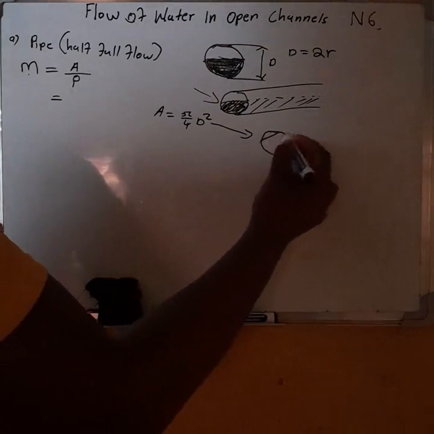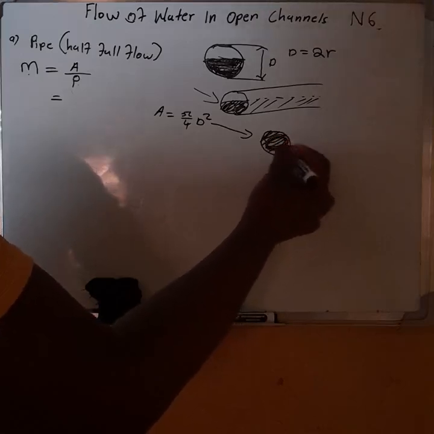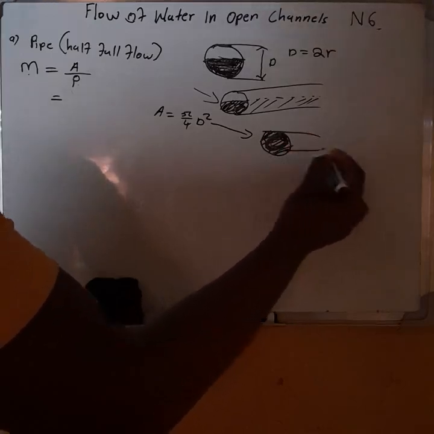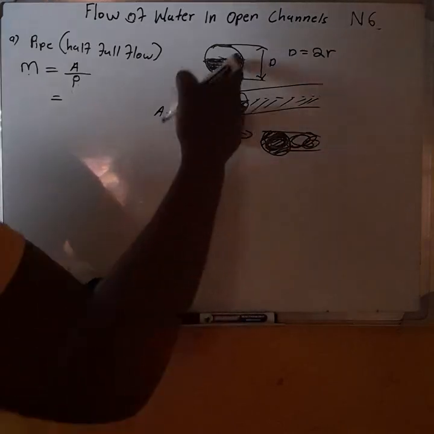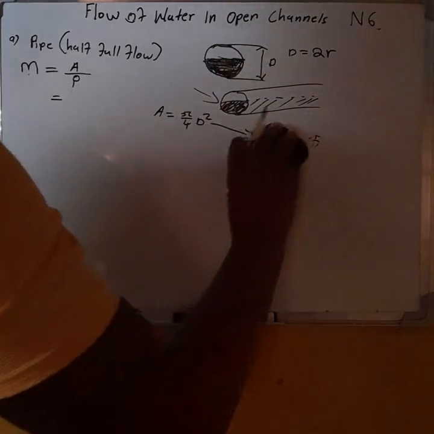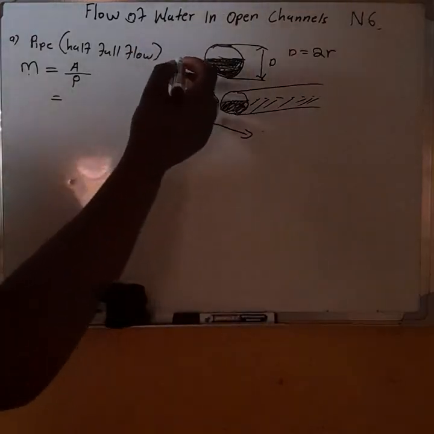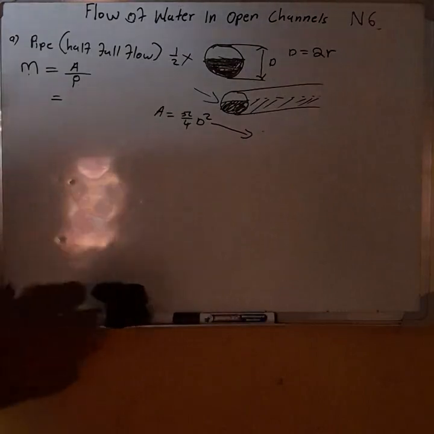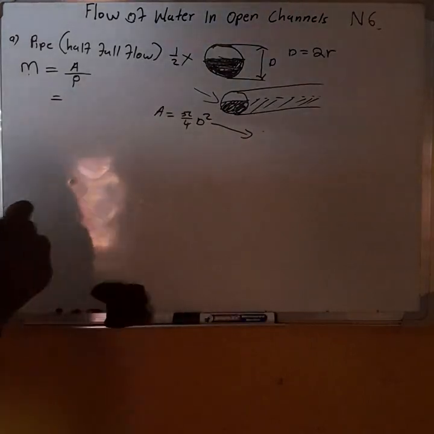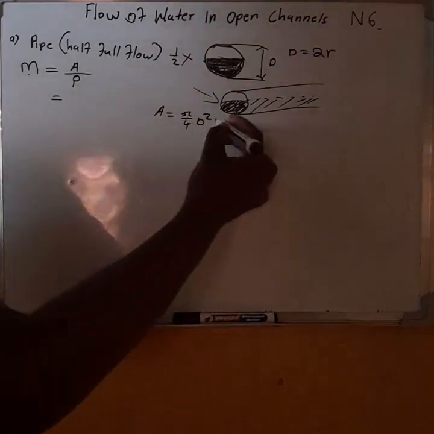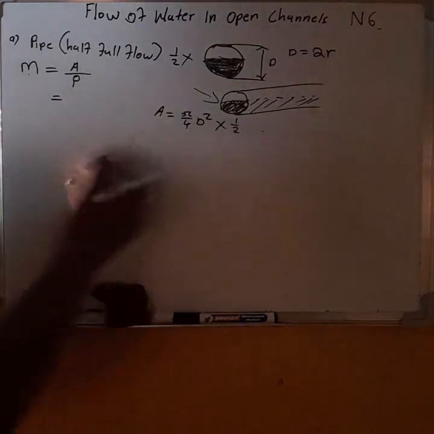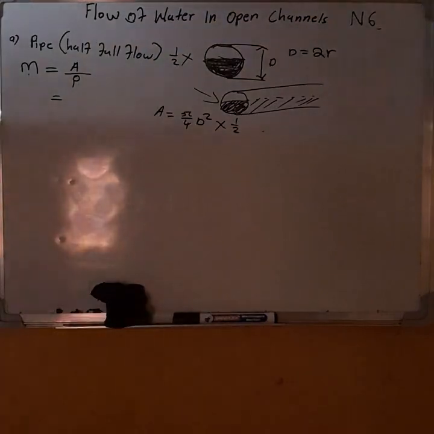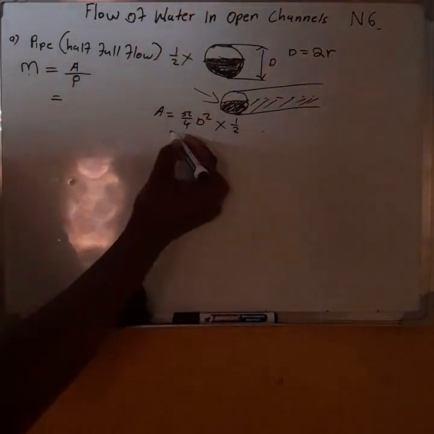If the water is filling up this section, let's say there's water all over, but now here there is half. Since it is half, we'll multiply this by what? 1 over 2, right? Its area will multiply by 1 over 2 because it is half. So here we'll multiply this by 1 over 2. You understand this?